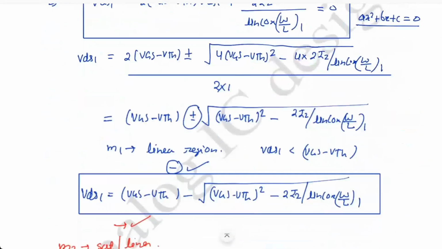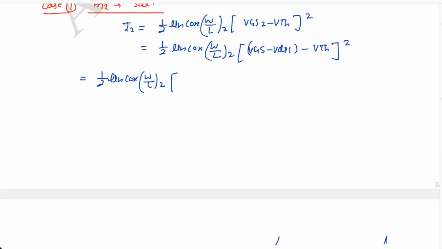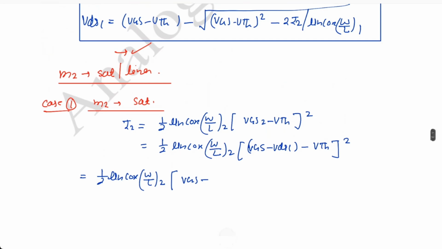Now put this value in this equation. So this will be VGS minus VDS1 minus VTH whole square, and again 1 by 2 mu Cox W by L2. This one is VGS, and what we calculated just above is VDS1.